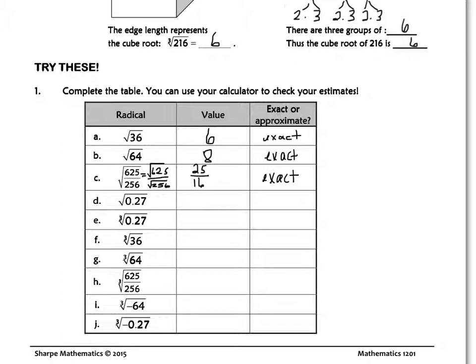0.27 is not a perfect square, so if we use our calculator just to save some time, the square root of 0.27 comes up as 0.519615 and so on. I'm just going to round that off to 0.52. So that would be approximate.